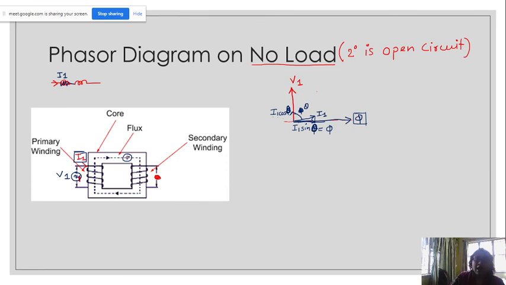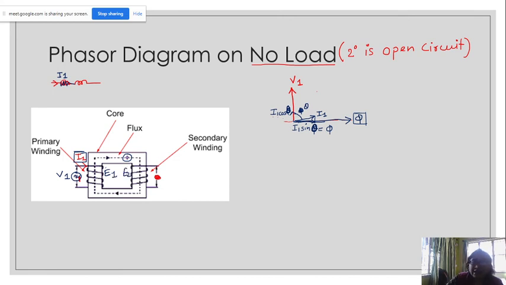Yes. So now, the phi is actually inducing EMF. The maximum value of phi is inducing EMF E1 and E2. So this will be E1 and this will be E2.